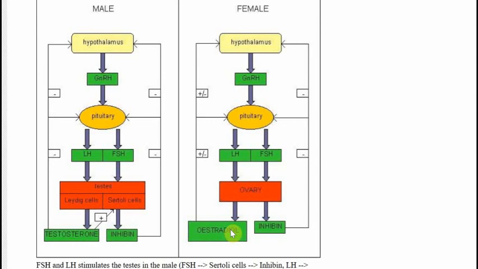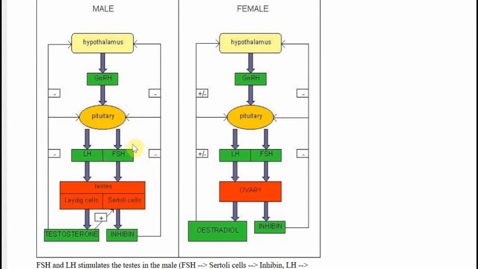So let's revisit physiology. The hypothalamus produces GnRH. GnRH, gonadotrophin-releasing hormone, stimulates the pituitary gland. The pituitary gland secretes FSH and LH. FSH stimulates inhibin release. And remember, inhibin is like the brake system.